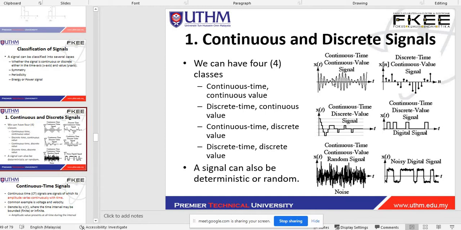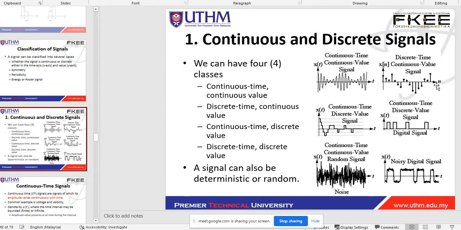Every single t, you have the value. For the discrete time, it only samples at 0, 1, 2, 3, 4, 5, like this. So you can see it's discrete.